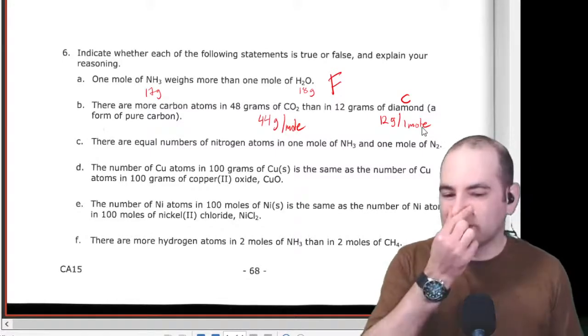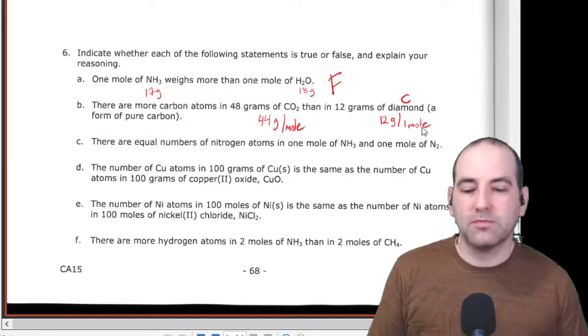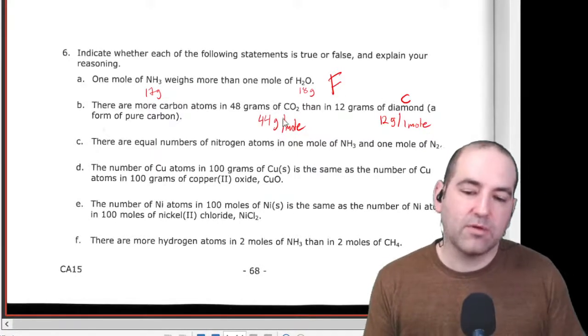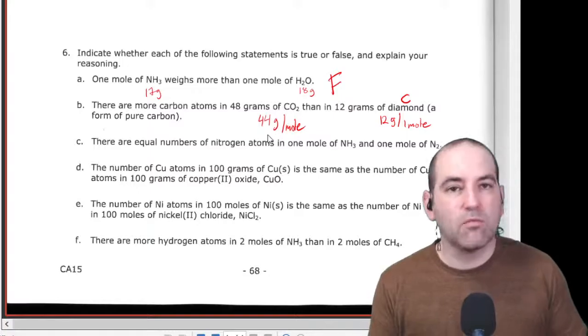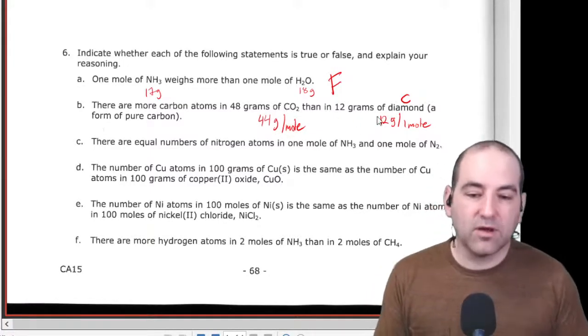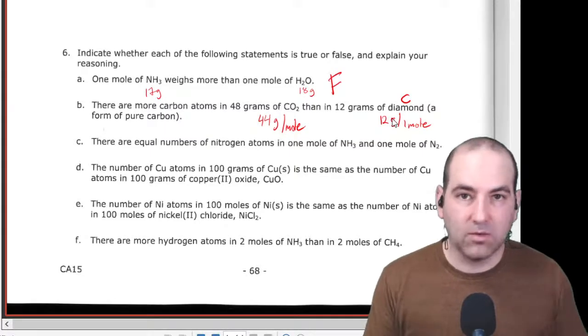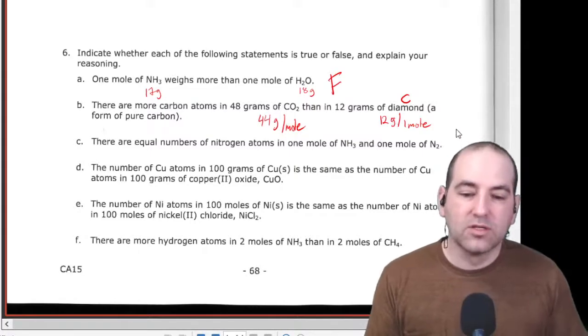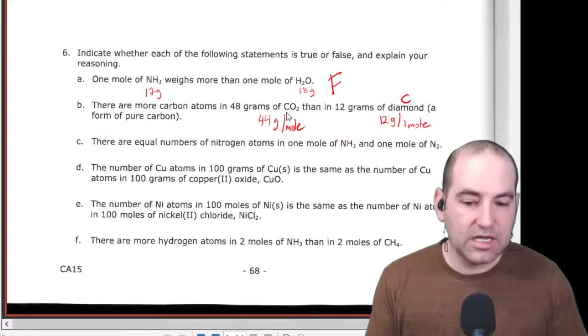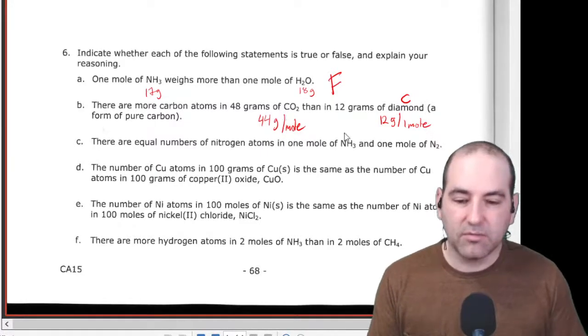Now we can start to think about what is really being asked in the question. If we have 48 grams of carbon dioxide, we have a little bit more than a mole because 1 mole is 44 grams. If we have 12 grams of pure carbon, we have exactly 1 mole. So 1 mole of carbon atoms here, a little bit more than a mole here, and each one of those has 1 carbon atom per formula unit.